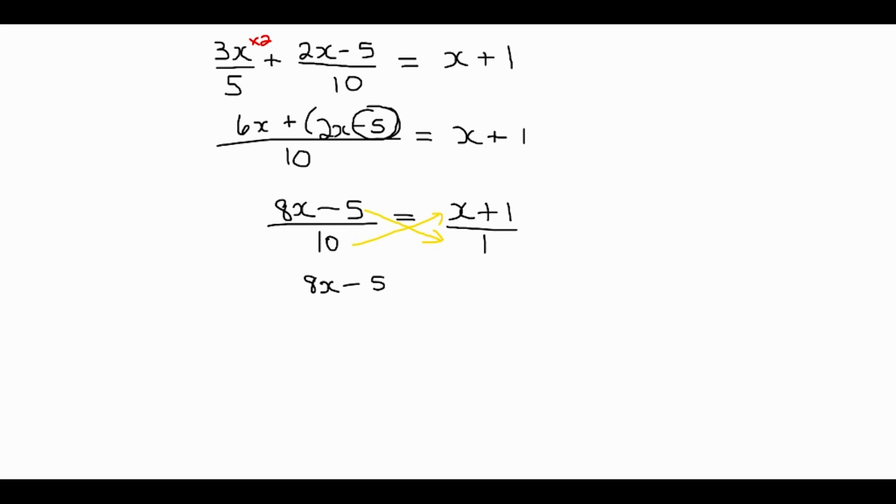And then on the right side, we're going to have 10 times x plus 1. Now the expression that we have over on the right side here needs expansion using the distributive law, and this will give me 10x plus 10.